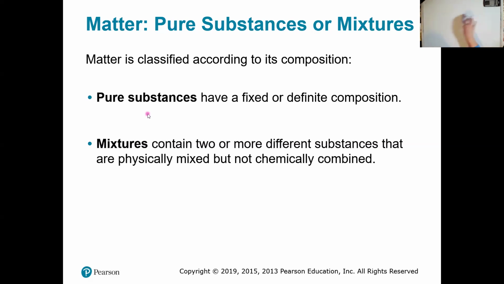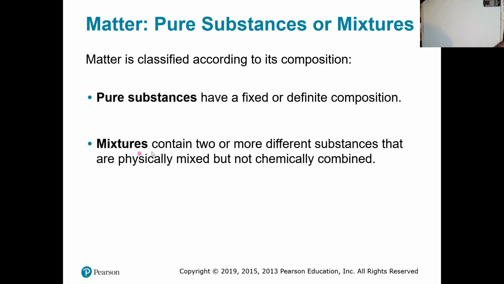The two main categories that we're going to work with are pure substances versus mixtures. That's the first step in categorization. Pure substances are anything that has a fixed or definite composition. So its composition is never going to change. Its proportion of the components that make up that substance will not change from sample to sample.